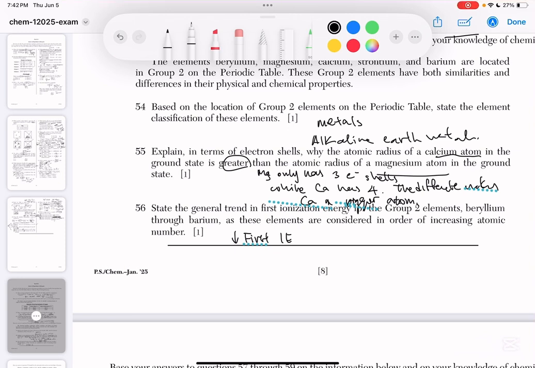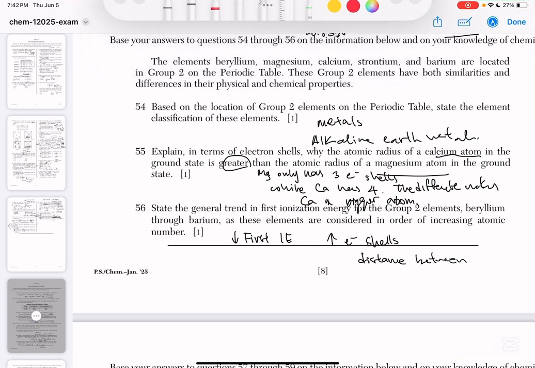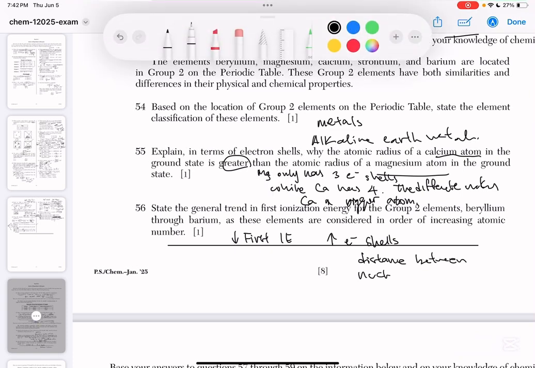The reason for this is going down, we're gaining more and more electron shells. So the distance between the nucleus and your valence shell is increasing, which means a decrease in the force of attraction.